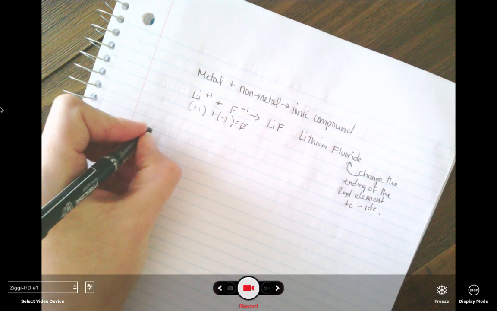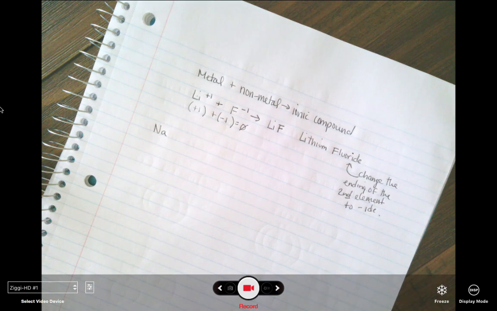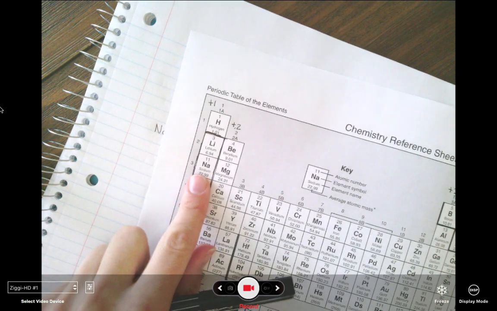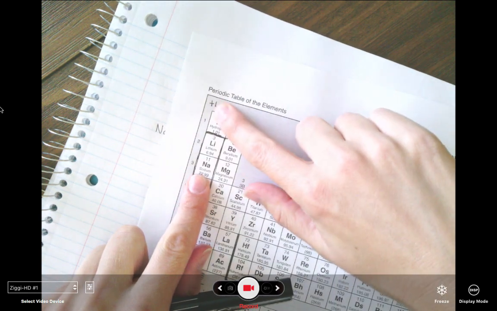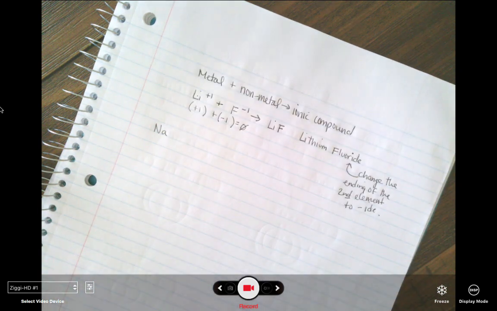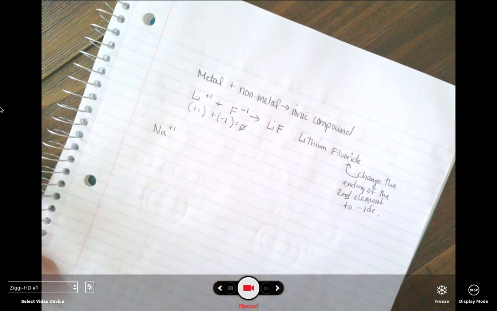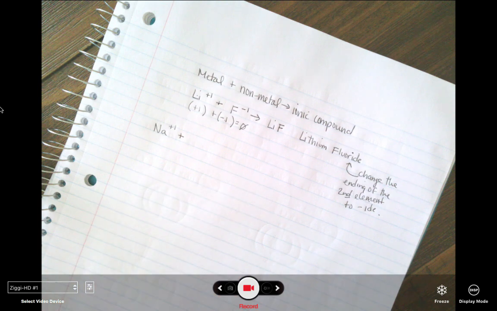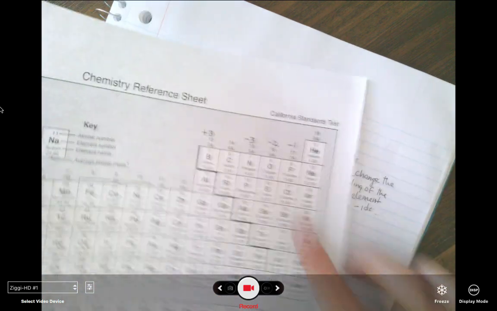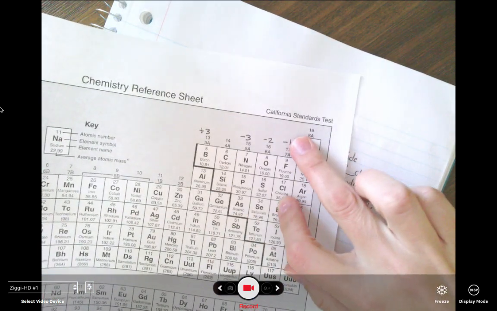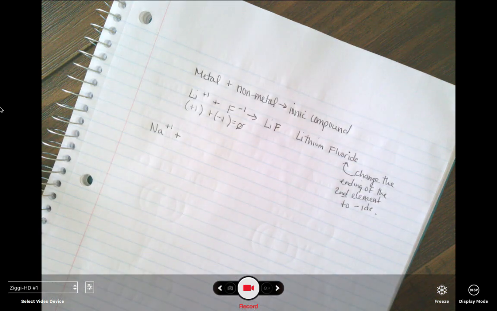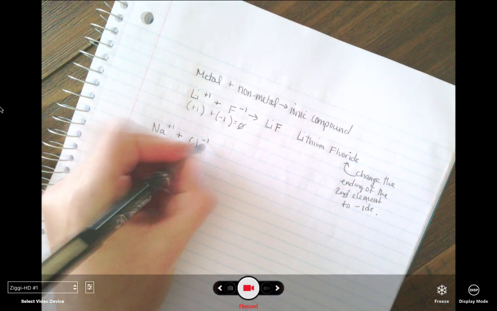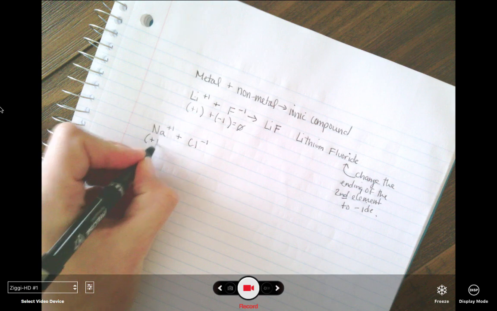Here's another example. Sodium on the periodic table has a +1 charge as well as lithium, which means I know it wants to give away 1 electron. Let's say that it wants to bond with chlorine. Chlorine takes on a -1 charge. So as far as the charges go, I know sodium wants to give away 1.